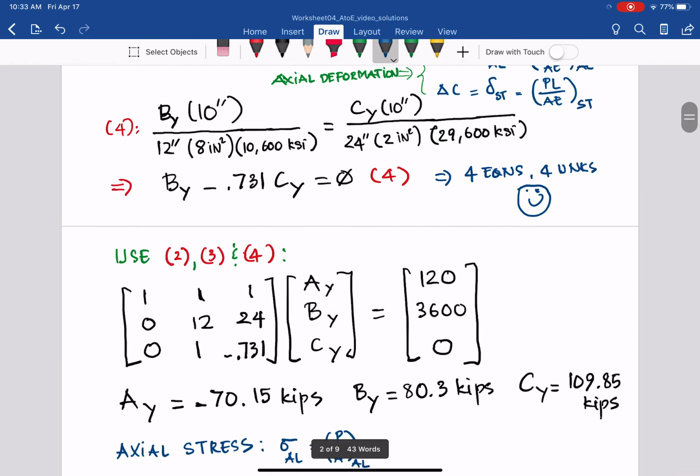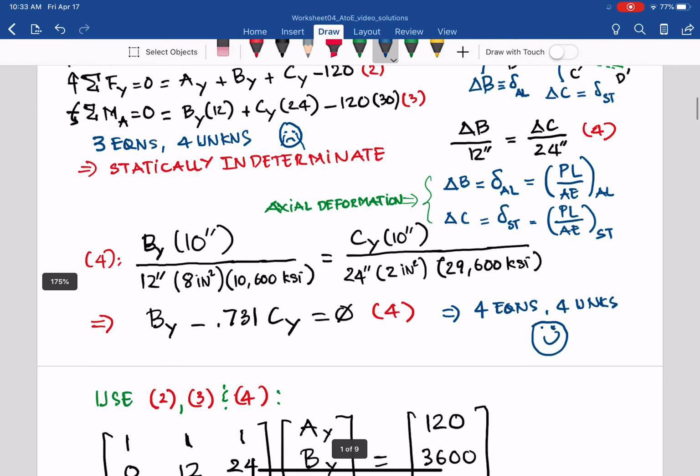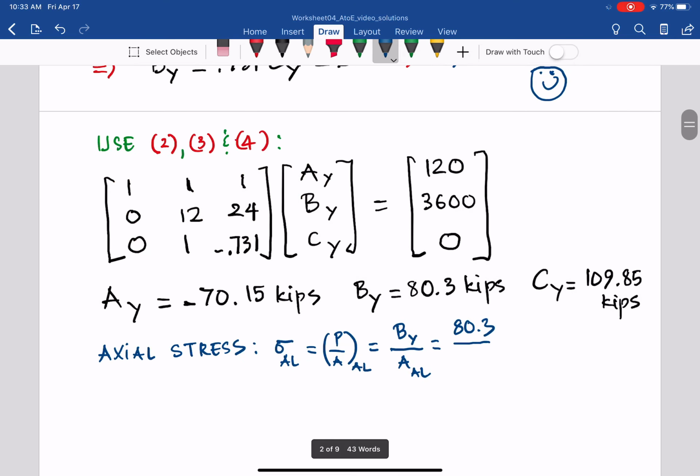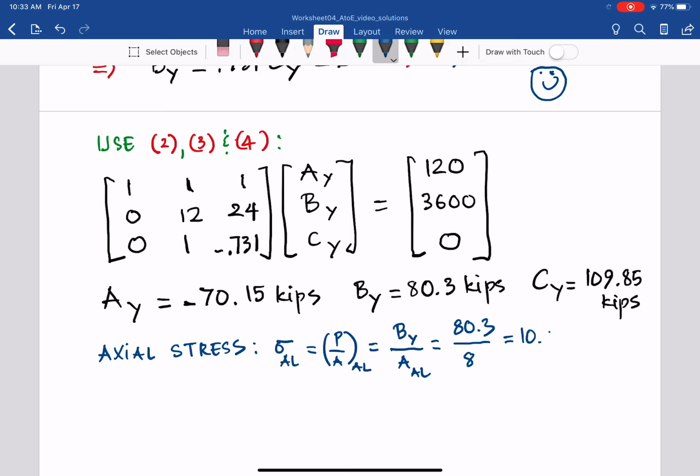So it equals BY over A aluminum: 80.3 divided by the aluminum area of 8 square inches. The problem gives you 8 square inches, so you get 10.04 kips per square inch, so it is KSI, and that is in tension.